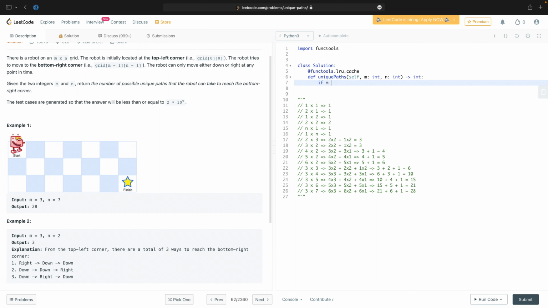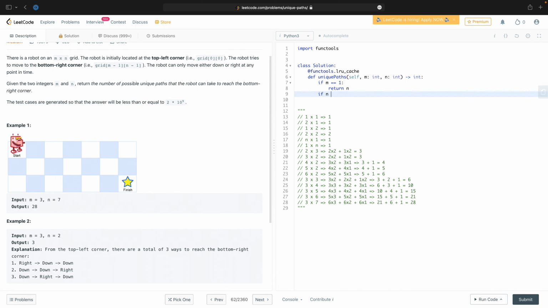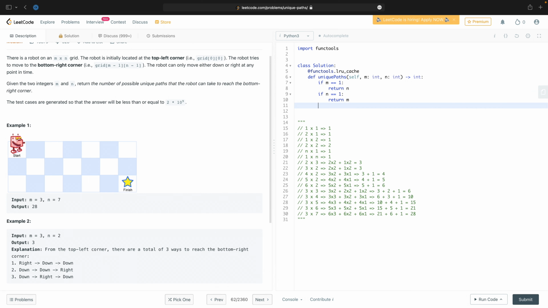If m equals 1, return n. If n equals 1, return m. n is m if m is greater than n, else n.